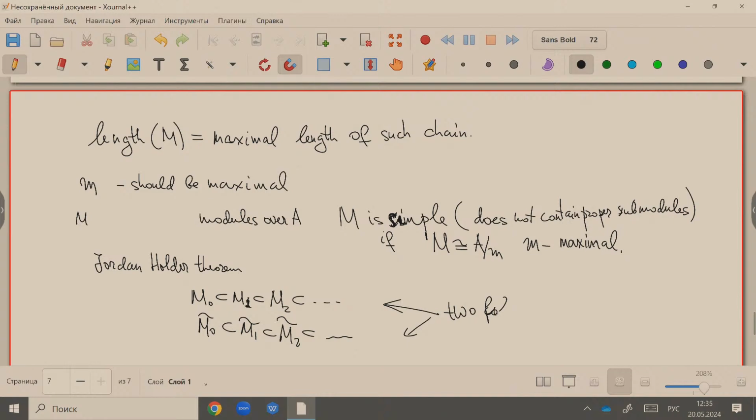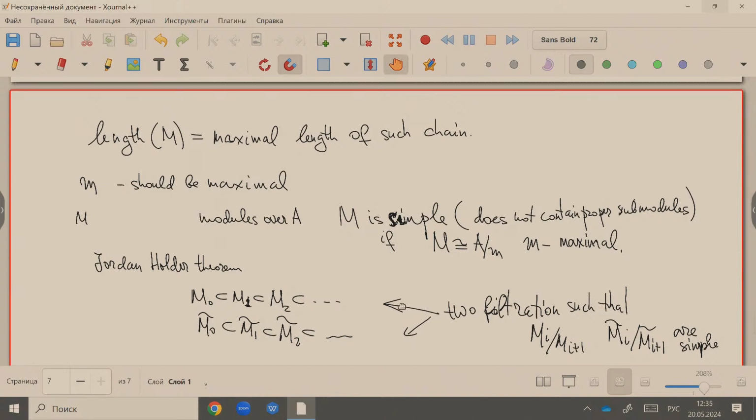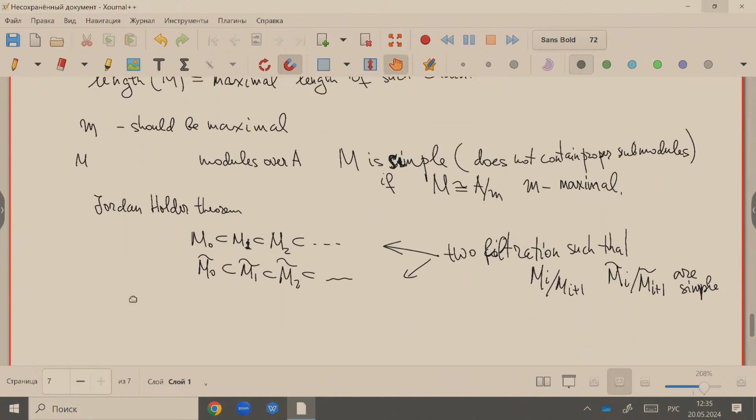Two filtrations such that m_i modulo m_{i+1} and m̃_i modulo m̃_{i+1} are simple. Then up to permutation they have the same number of factors. So that then up to permutation.